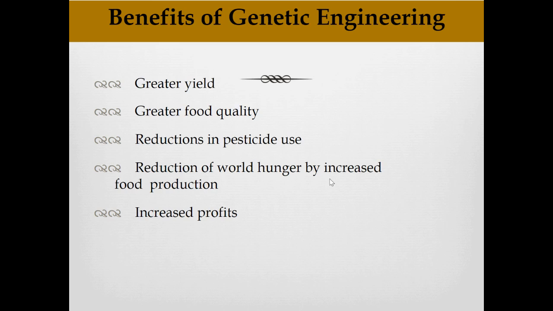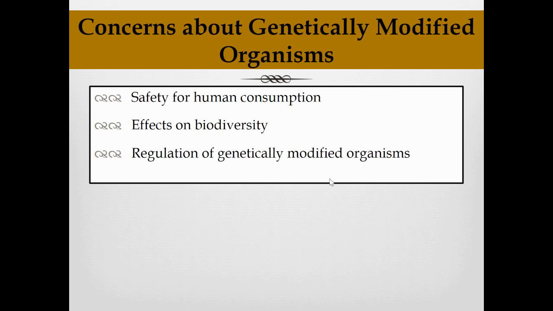We know it creates a better yield. We can manipulate it to create better food quality. It can reduce the pesticide use because we can go in and we can actually provide the crop the gene to make it pesticide resistant. It can help to reduce world hunger by increasing our food production, and it can increase profits.